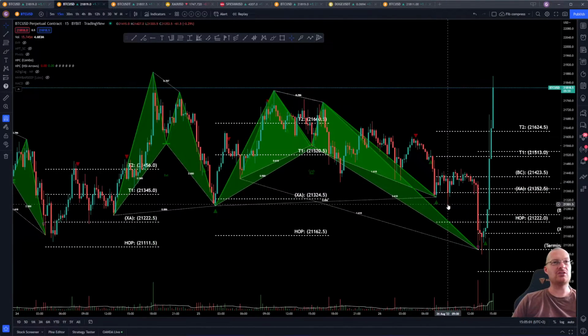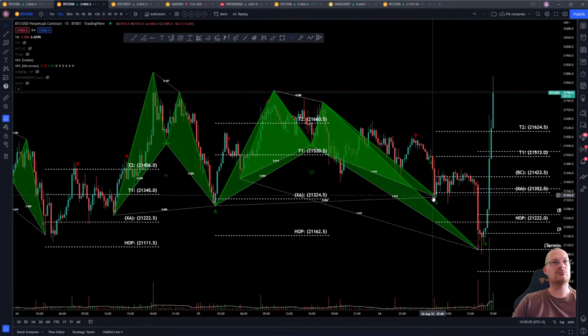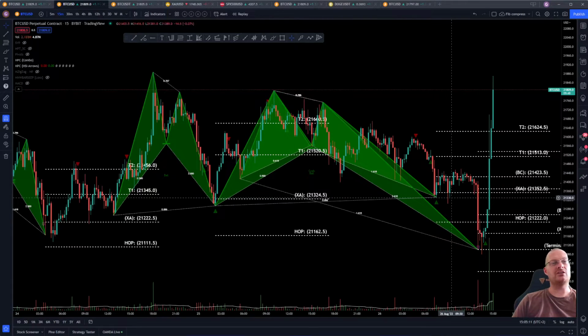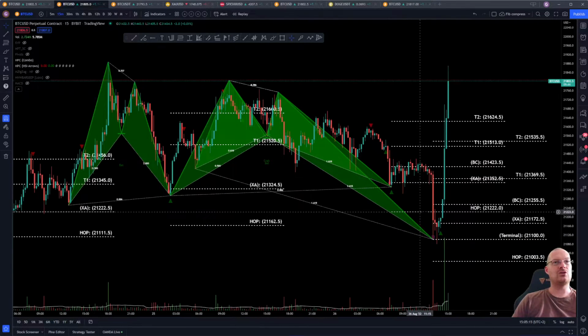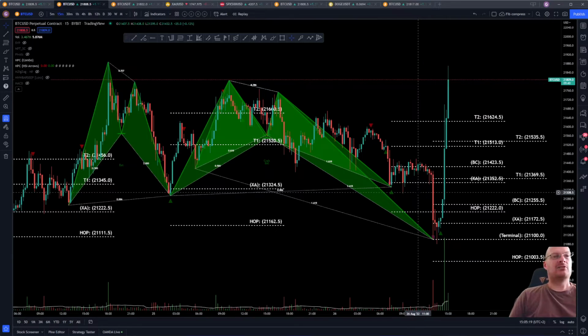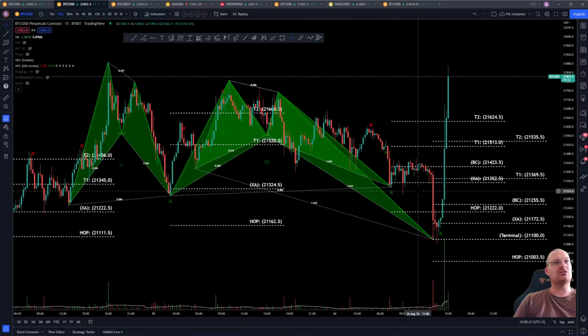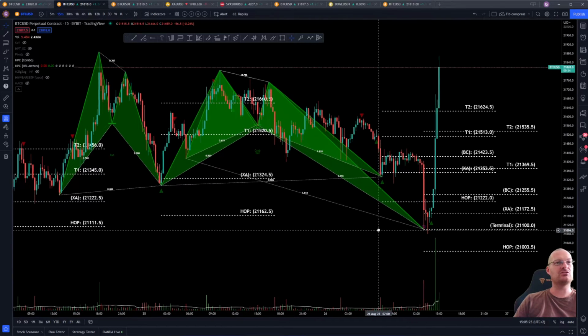And this morning I was trading this one, the smaller one. I believe it was a bat. So with entry here, and then we came all the way down to the hop, and even below the hop. That's the difficulty of trading those harmonics: where will you put your stop loss.